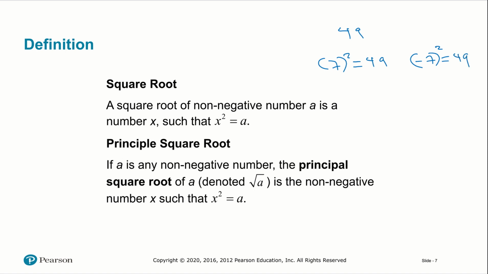Now, however, of the two of them, the positive one we give a special name to. We say it's called the principal square root of a, and it's the non-negative, in this case positive, but in general the non-negative number, such that when you square it you get a.